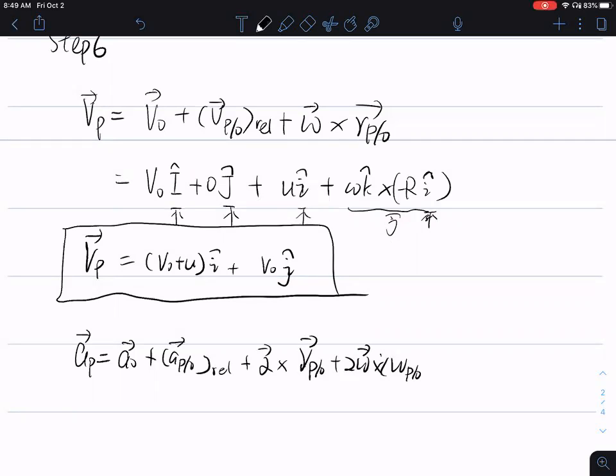The acceleration equation is quite long. So every time you apply this equation, double check your notes or textbook, make sure you have the correct equation.